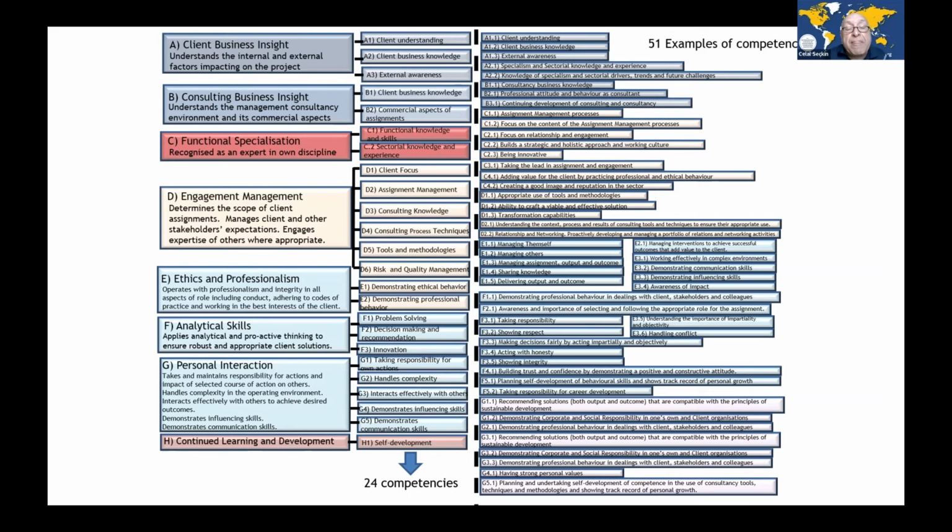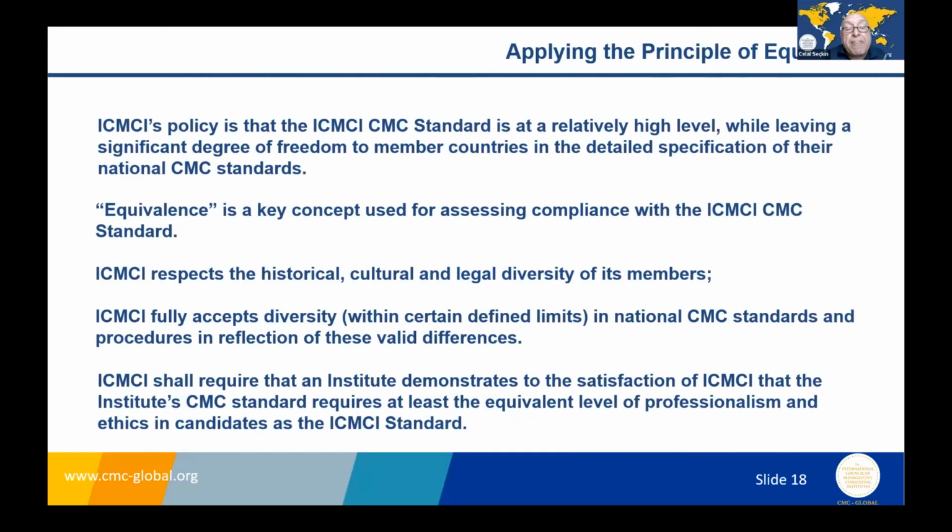Then we have this slide. ICMCI's policy is that the ICMCI CMC standard is at a relatively high level, while leaving a significant degree of freedom to member countries in detailed specification of their CMC standards, as described by Nick in the first part, which was highlighted as equivalence.